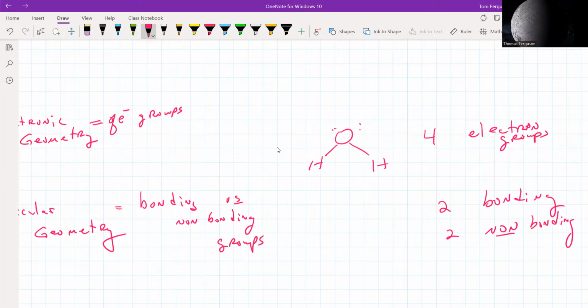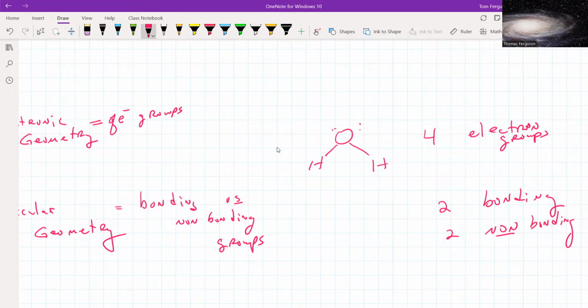So the electronic geometry for water is tetrahedral. It doesn't care what's bonding or not. The molecular geometry for water is bent because the non-bonding don't count. So you have to look at both of those.